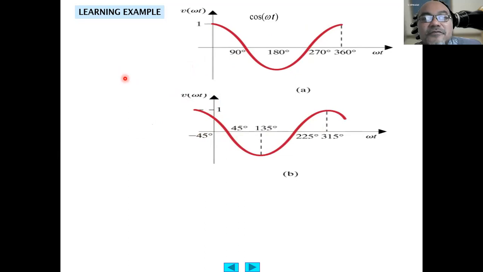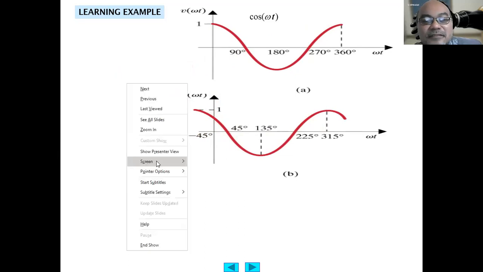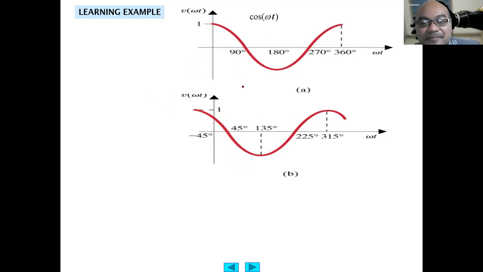How do we express this in terms of cosine or sine? Anyone? Cosine? Yes. So it means this wave is lagging or leading. Which one, sir?